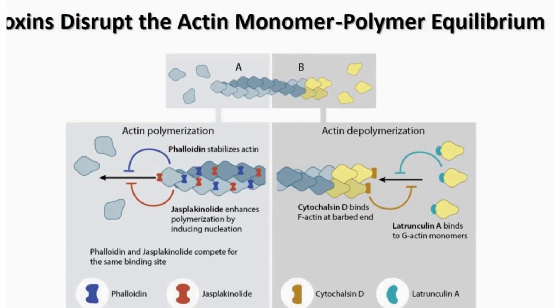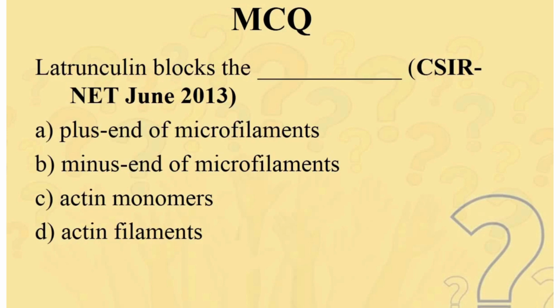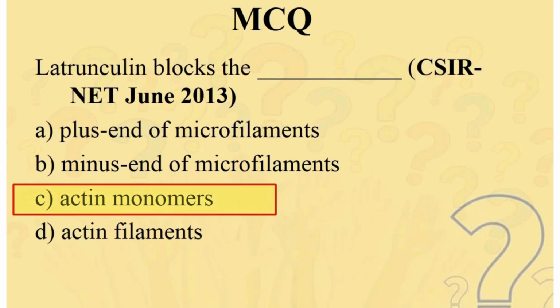Here, under actin depolymerization, the two toxins are cytochalasin D and latrunculin A. So latrunculin A disrupts actin, option C, that's actin monomers. That concludes the entire section of microfilaments, that is actin.